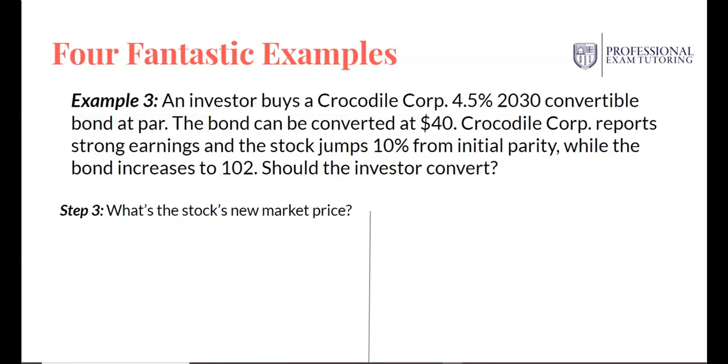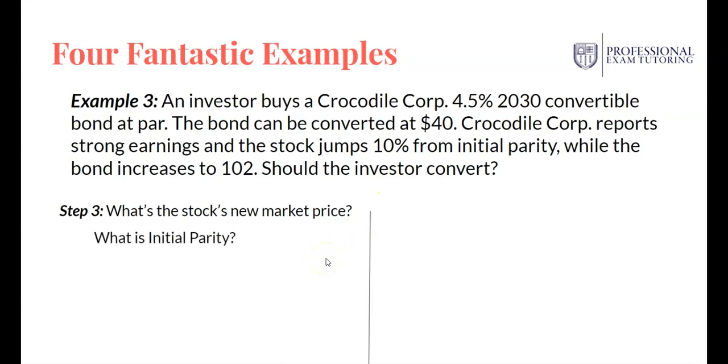Okay, so the next part of this example, we're going to have to find out what is the new stock price given the fact that they're asking us that after a strong earnings report, the stock has jumped 10% from initial parity. So remember, what is initial parity?